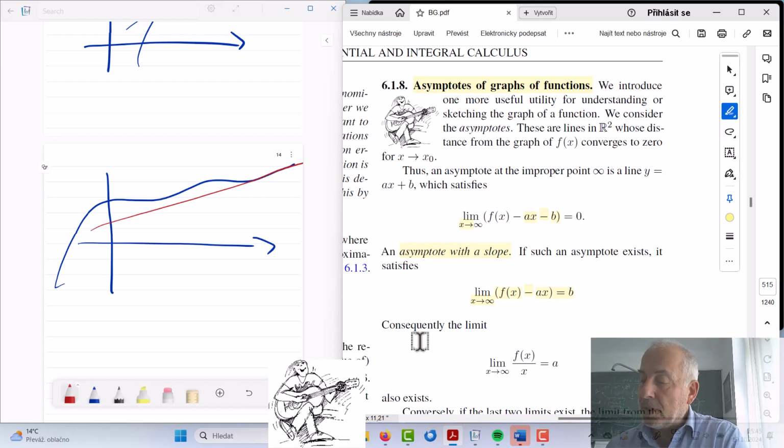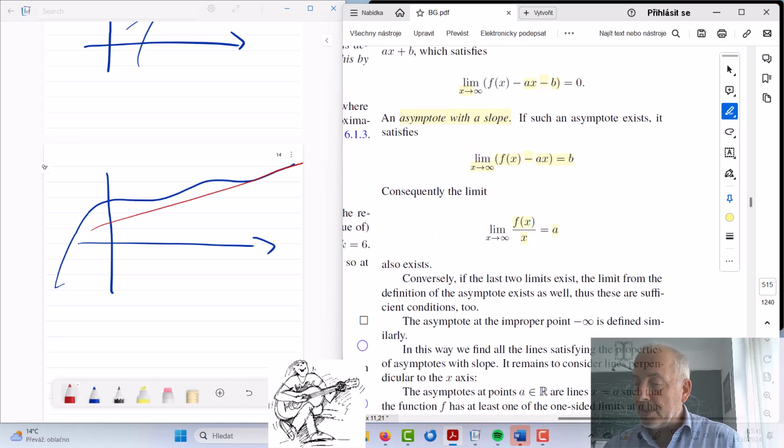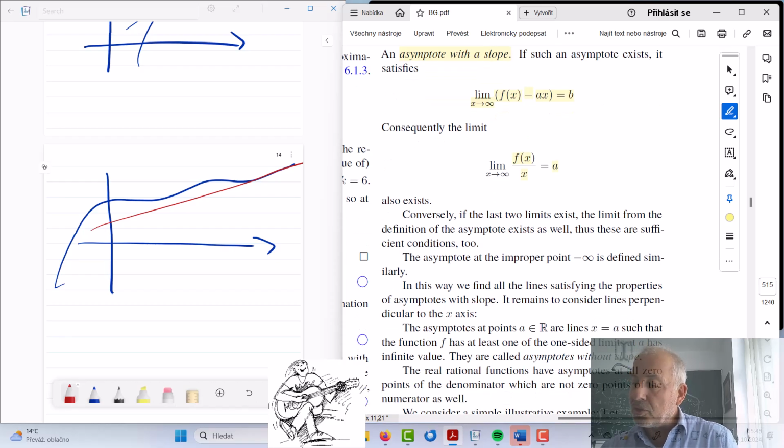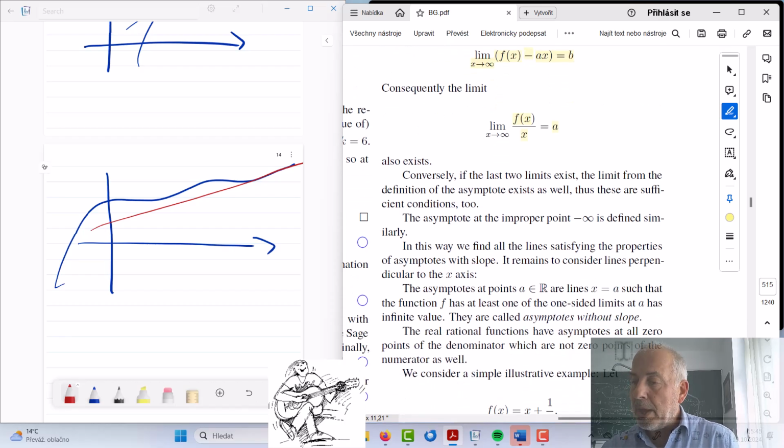And consequently, if we now divide everything by x, then we get that this is again equivalent to the fact that the limit of the quotient f(x) over x must be a, right? So that's very straightforward. You don't need any smart ideas to follow that, but it's useful. It just tells you how the function behaves. And so you can always find such an asymptote.